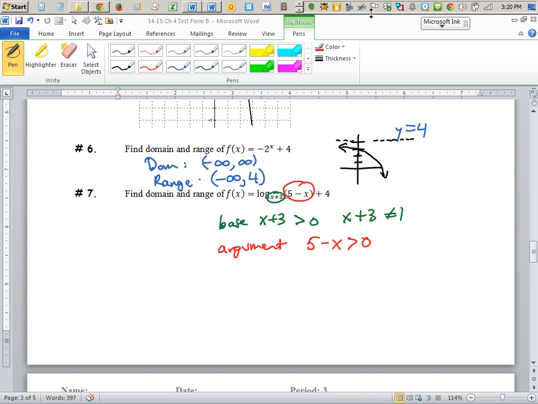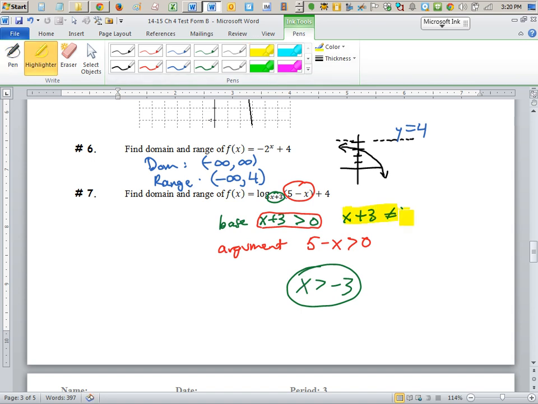Okay, so after writing down these facts and not just thinking them through, I have things I can work on. So I can take these statements like x plus 3 is greater than 0, and I can write x is greater than negative 3, see? And I can take this statement, x plus 3 is not 1, and I can interpret that. That means x is definitely not negative 2, see?